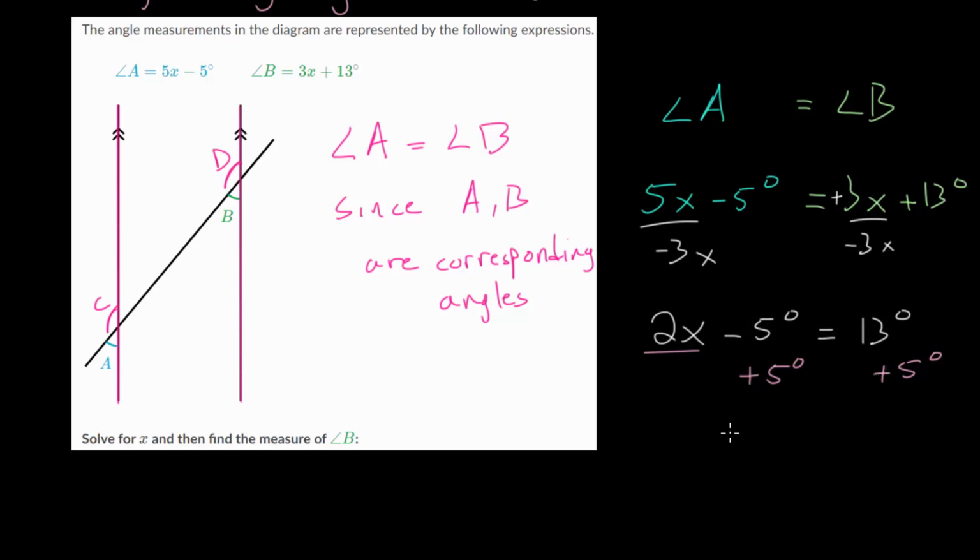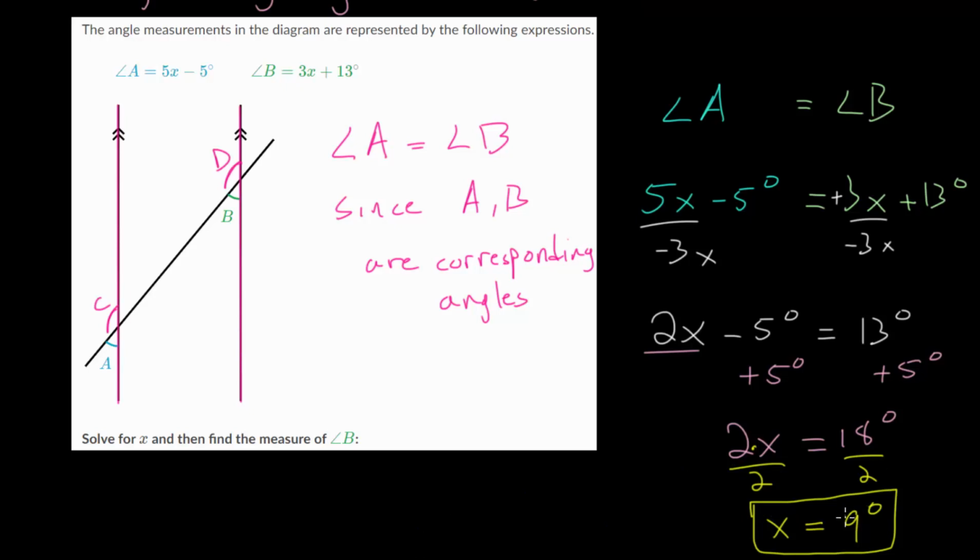So this just becomes 0. We get 2x is 13 plus 5, which is 18 degrees. And lastly, we want to cancel out that multiplication by division. 2 divided by 2 is just 1, so we get 1x, or just x. And over here, we have 18 degrees divided by 2, which is 9 degrees.